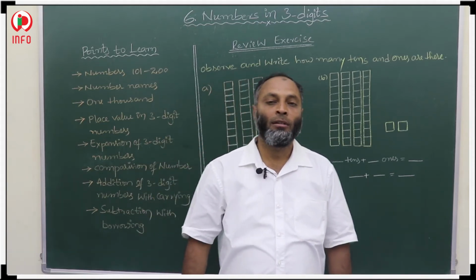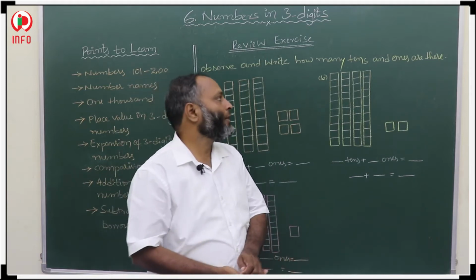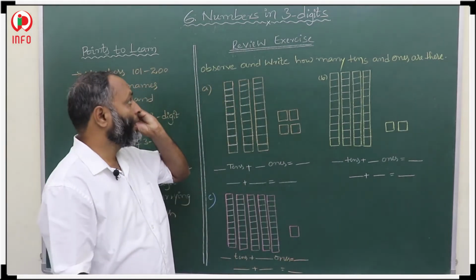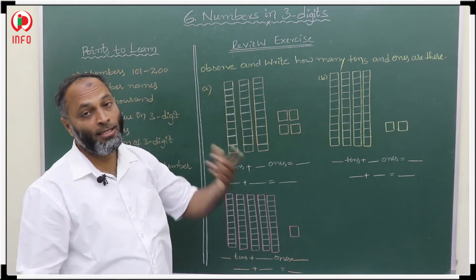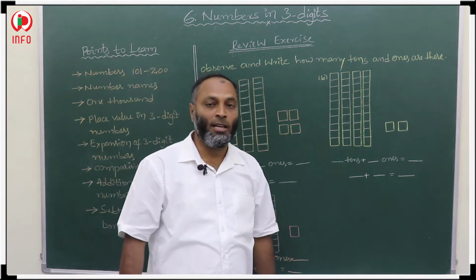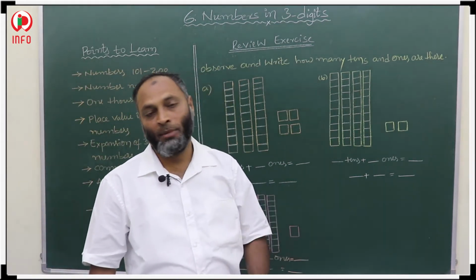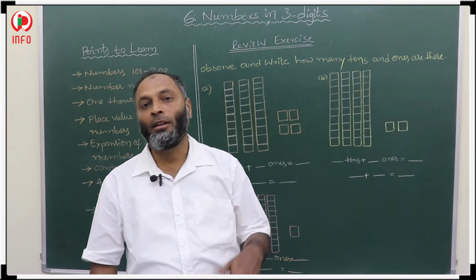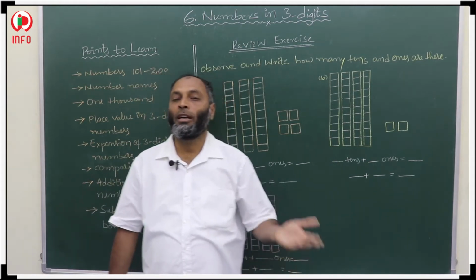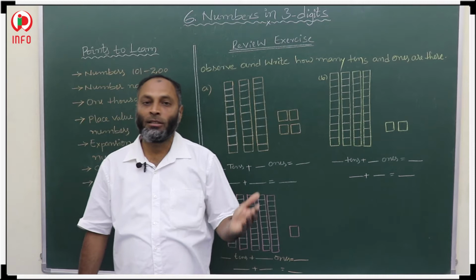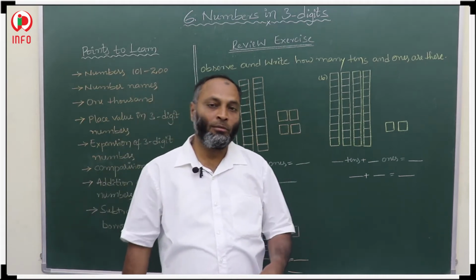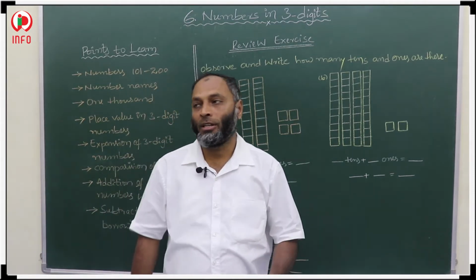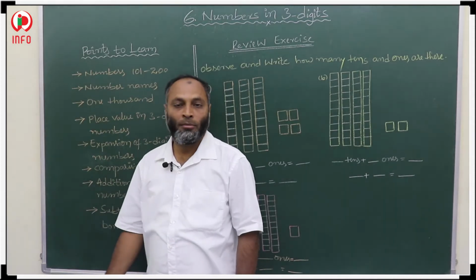Okay, now after that, the review exercise means what we did in first class, so that we recapitulate again. What we did about 2 digit numbers, first we recapitulate those problems, then after that we are going to discuss all these points.